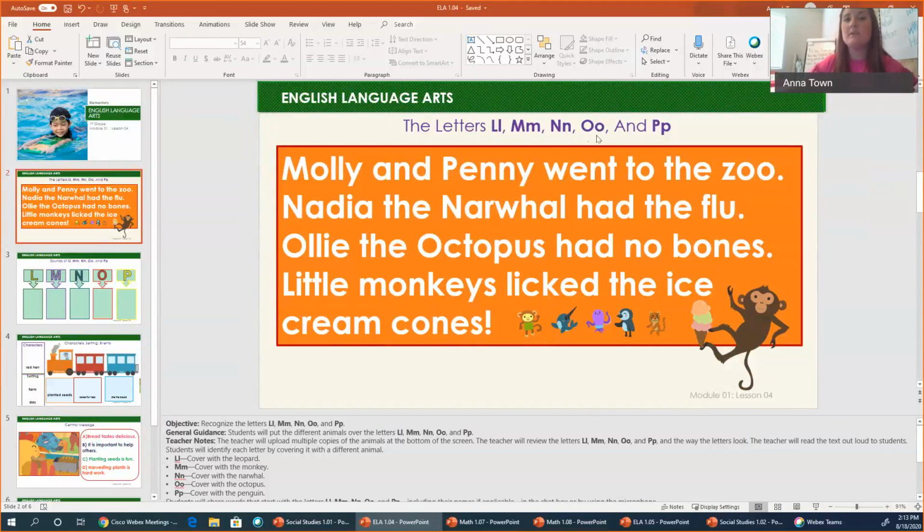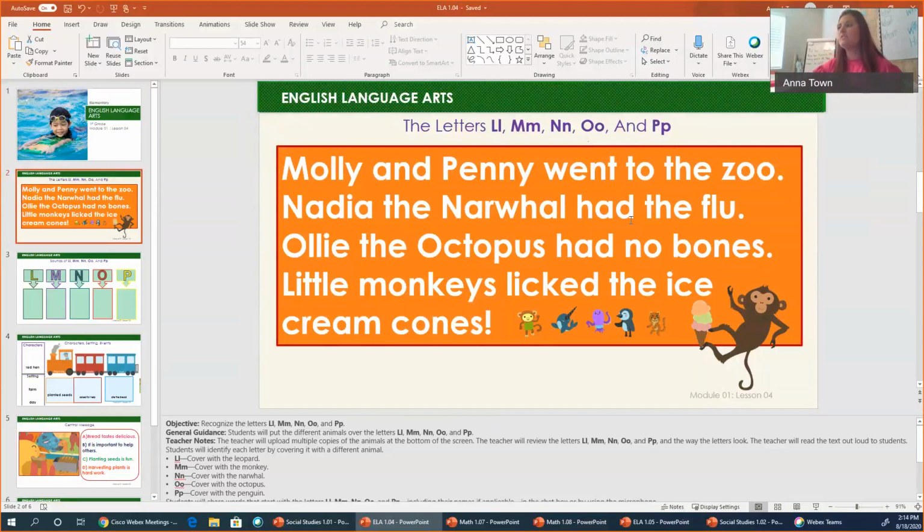It has two sounds that we're learning, the long vowel sound, which is O, and the short vowel sound, which is ah. So say O, O, O, and say ah, ah, ah. And lastly, the letter P. Say P. Pup, pup, P.